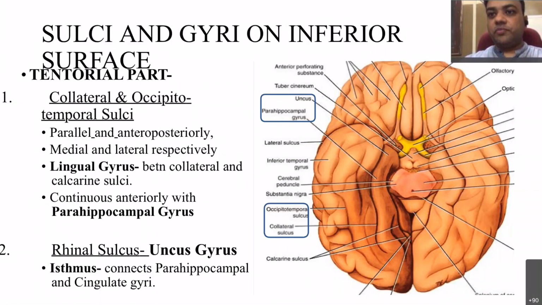Anteriorly it is continuous with the parahippocampal gyrus. The lingual gyrus, not sulcus, lingual gyrus, and anteriorly it is continuous with the parahippocampal gyrus. And anteriorly you can see this hook-like structure anterior to the parahippocampus. It is known as the uncus, gyrus.